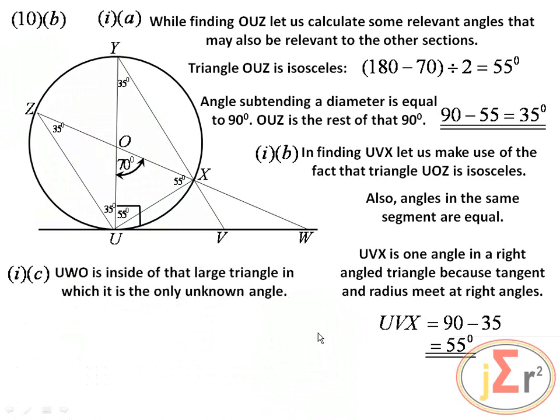Continue. UWO is inside of that large triangle in which it is the only unknown angle. We need to find UWO. I guess the examiners are probably trying to catch us on one foot, with one foot on the ground, by not asking us to find UWZ.